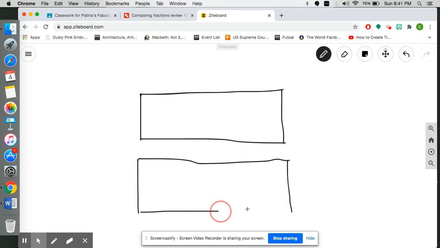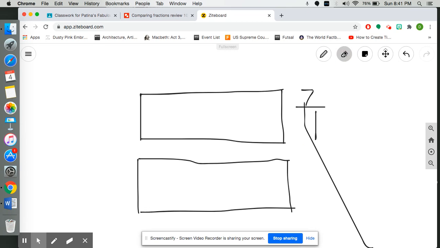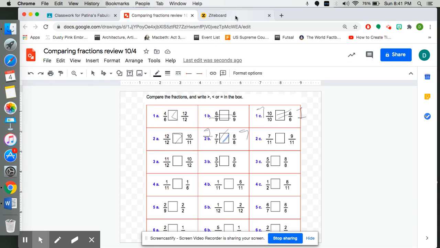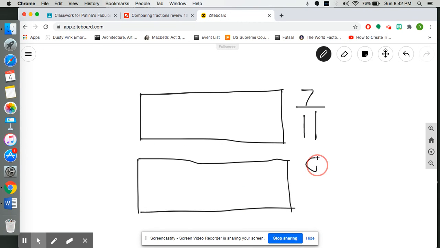Okay, so the first one is 7/11. Oh my goodness, fifth graders, I do not know what just happened. That was not good. Okay, we'll erase that one. And the second one is 9/11. These fractions have the same denominator, which means their wholes are going to be split into 11 equal-ish pieces. That's not very easy to do, to split into 11s, but we're going to try our best.